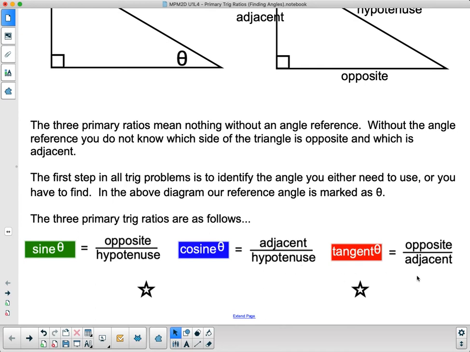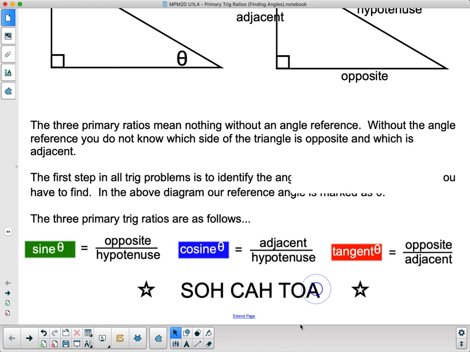Now, we're going to abbreviate that, and you may see this up in my classroom somewhere, to SOHCAHTOA. SOHCAHTOA means sine, opposite over hypotenuse; cos, adjacent over hypotenuse; tan, opposite over adjacent. When I was in school, my teacher made us chant that.